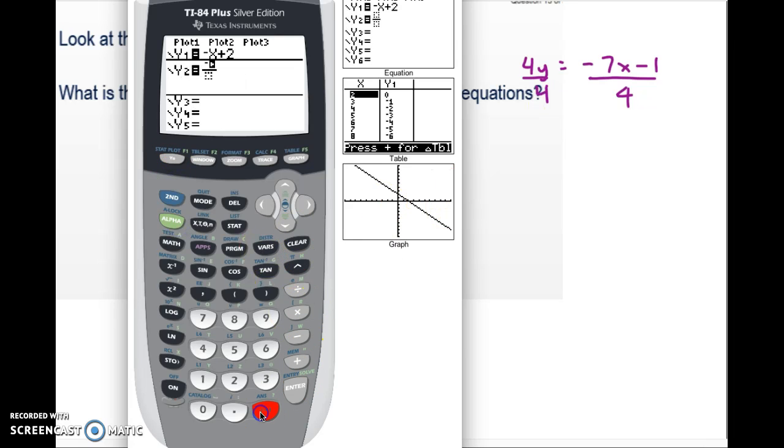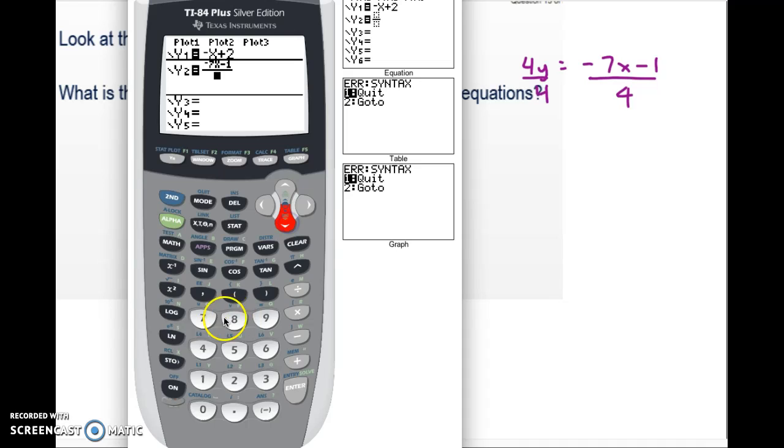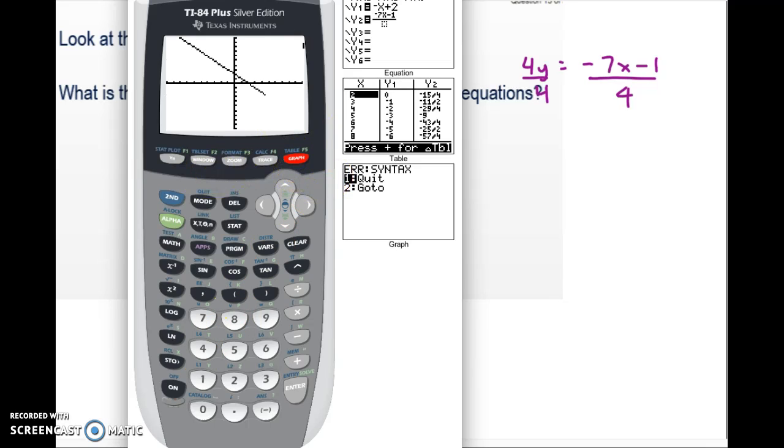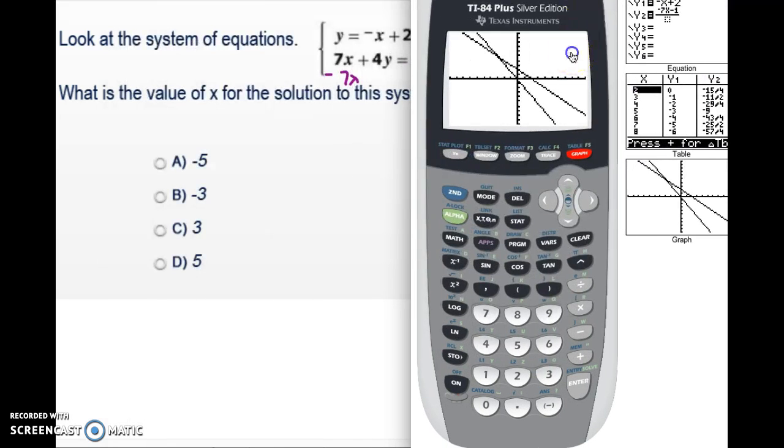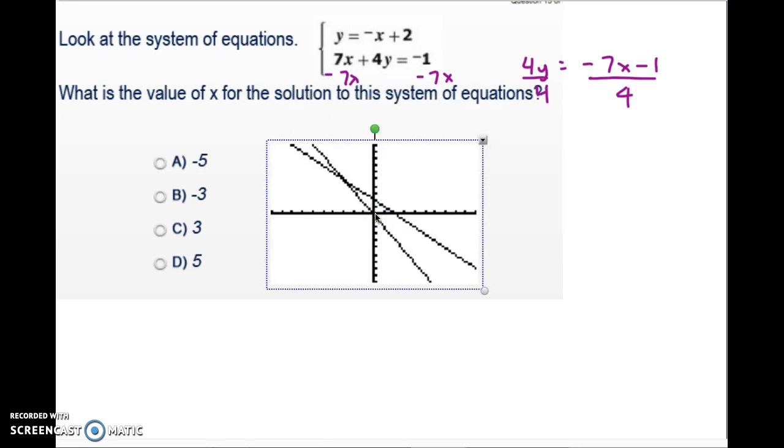So I can type it in exactly how I see it here. Negative 7x minus 1 over a 4. So if I hit graph, since this is a system, we're looking for where the two cross. So this right here is the solution.